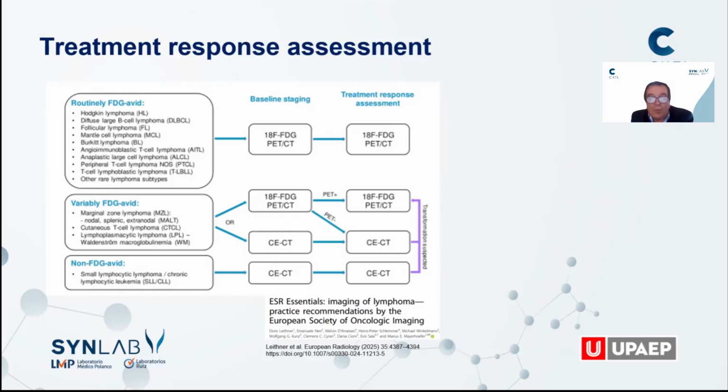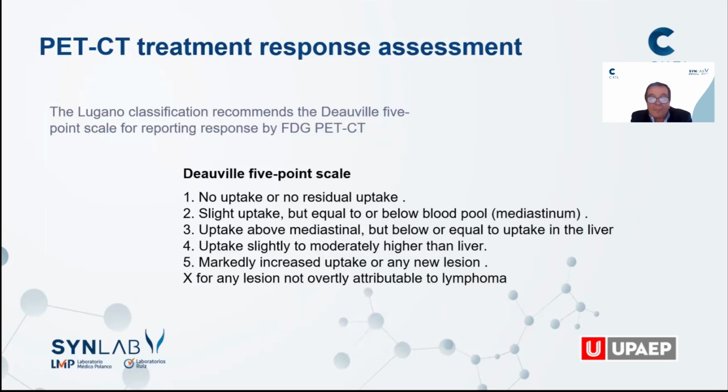In non-avid lymphomas, we have to use the CT. Always we have to use PET-CT in the second and third group when an aggressive transformation is suspected.